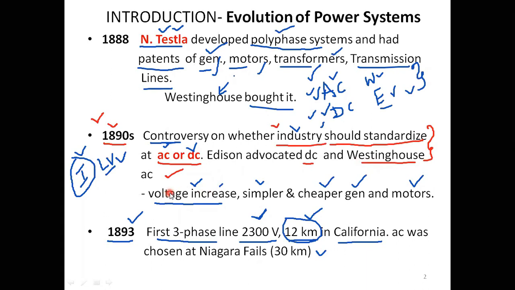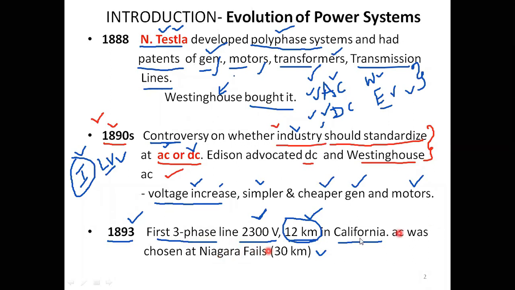Because of the advantage of voltage transformation, and being simpler and cheaper, AC was on the rise. And in 1893, the first three-phase line operating at 2.3 kV was established near Niagara Falls.